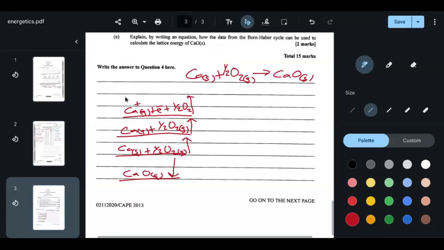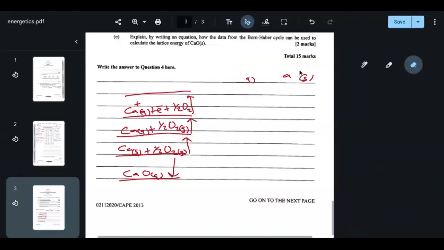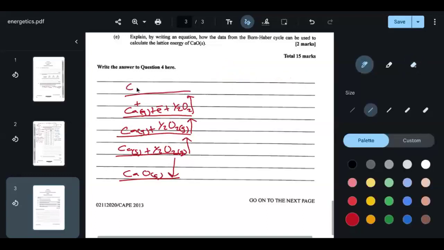The second ionization energy. All right. So it would be Ca2 plus, 2e, plus half O2. And then after that, what should I do next? Atomization of oxygen. All right. Excellent.